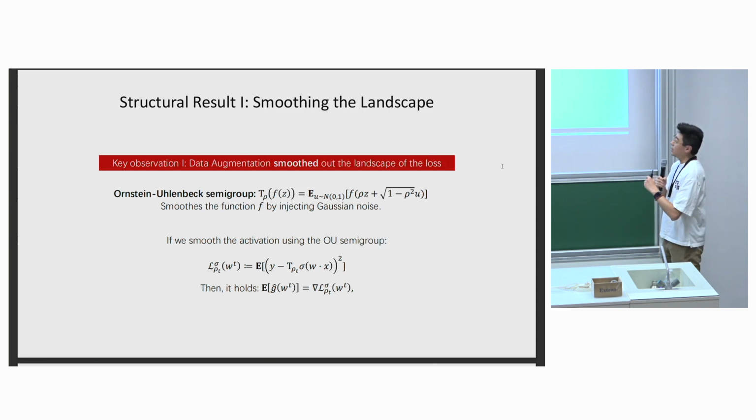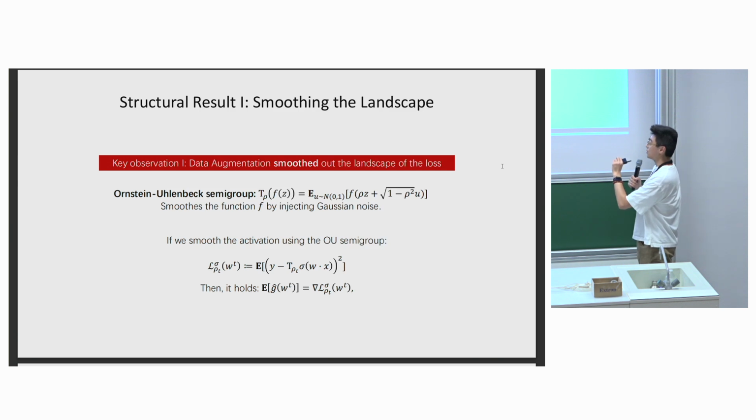So if you smooth the activation sigma using the OU semigroup T rho, and then calculate the L2 square loss of the smoothed activation, it holds that this gradient is exactly the gradient of the smooth L2 square loss. Therefore, this gradient is effectively smoothing the landscape.